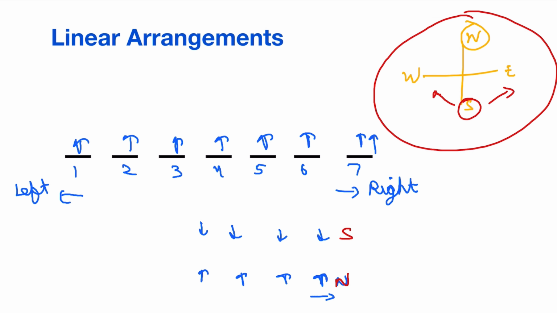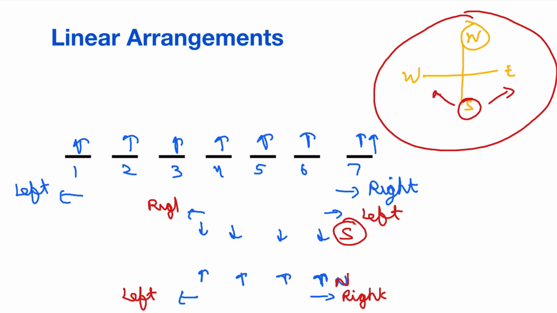So all those who are facing north will have right on your right and left on your left. But on the other hand, all of those who are facing south will have the other thing, because your right will be their left and their left will be your right.